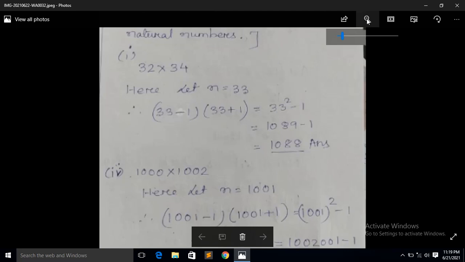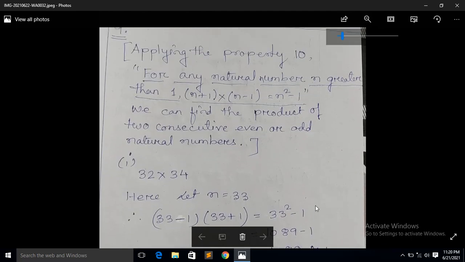The property is, for any natural number n greater than 1, n plus 1 into n minus 1 is equal to n square minus 1. So we can find the product of two consecutive even or odd natural numbers by this formula.